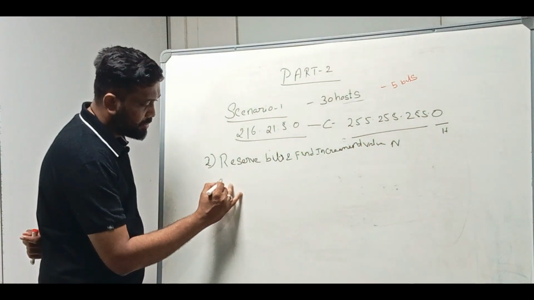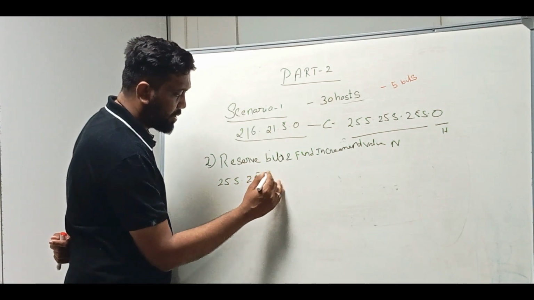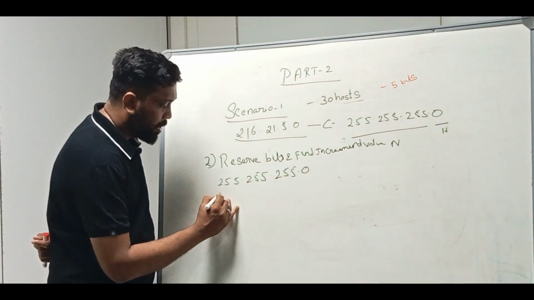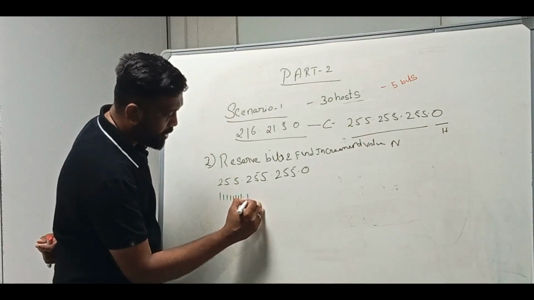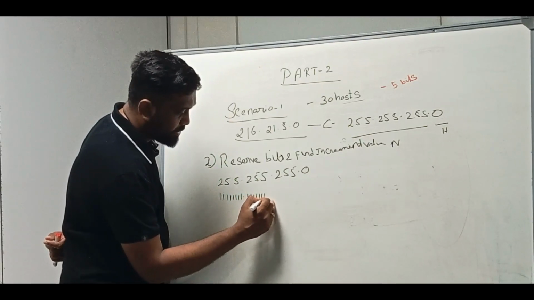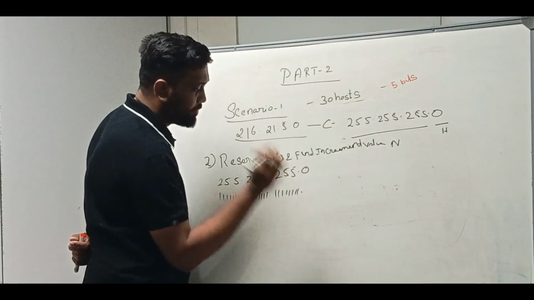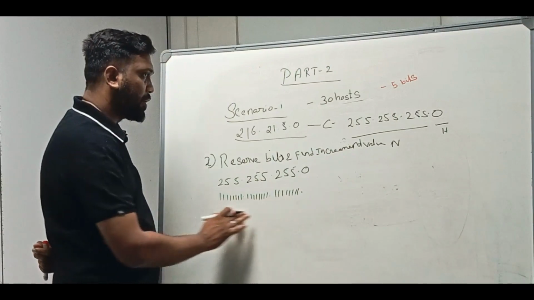Let us do this. 255.255.255.0. 1, 2, 3, 4, 5, 6, 7, 8. 1, 2, 3, 4, 5, 6, 7, 8. 1, 2, 3, 4, 5, 6, 7, 8. This is what we usually do for network also.